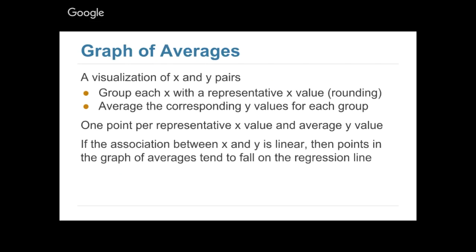And if the X and Y pairs have a linear trend, then my graph of averages will tend to fall onto my regression line. If my data are curved, then my graph of averages will fall along the curve that the data are on. But if they're linear, then they'll tend to fall specifically on the regression line.